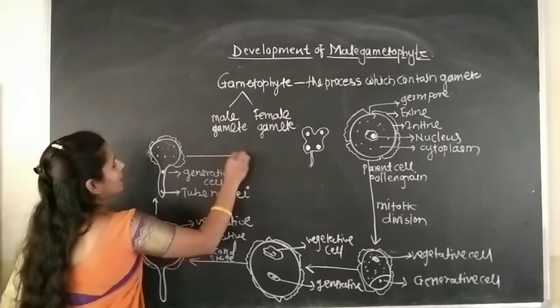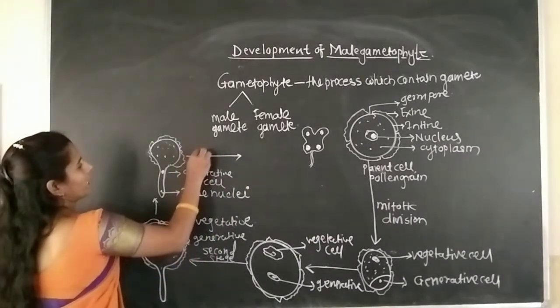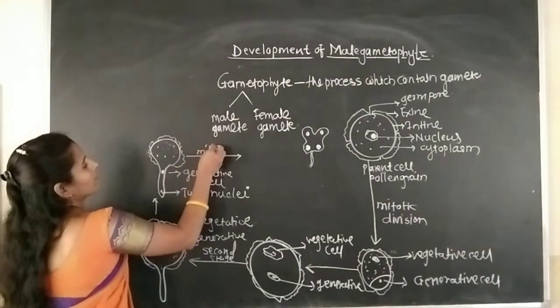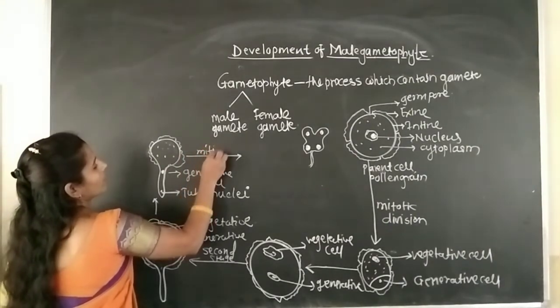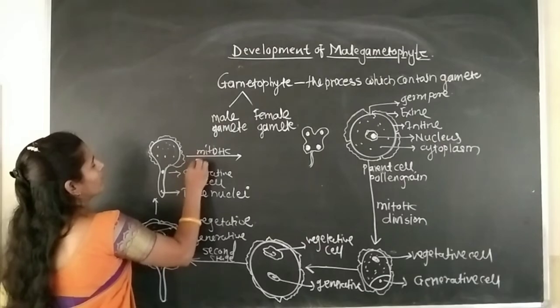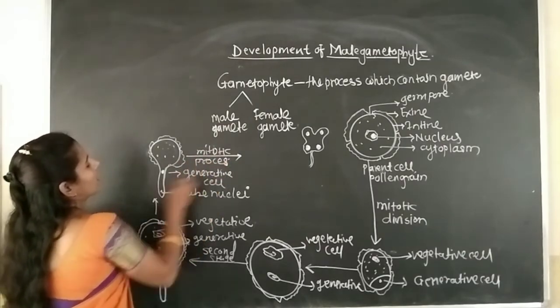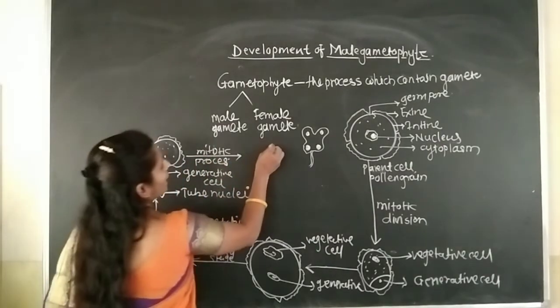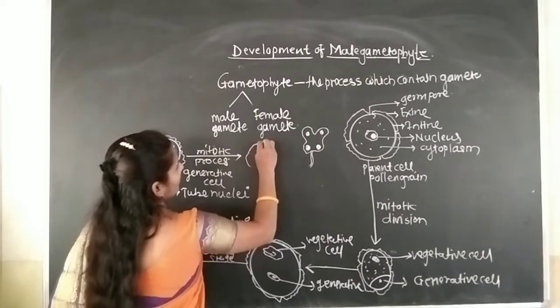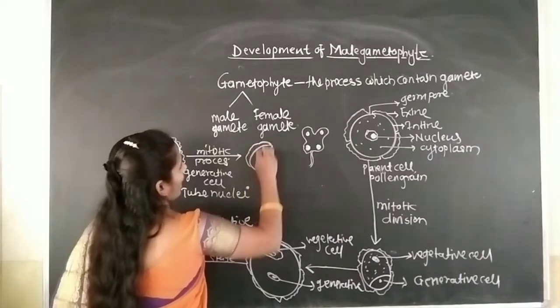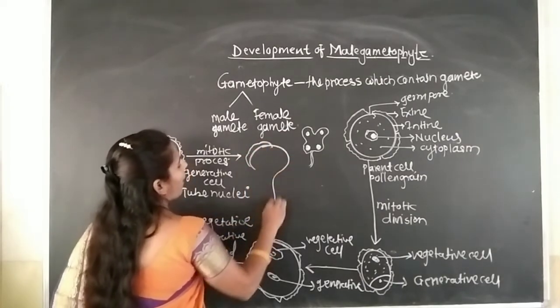Then mitotically, in the second division of the mitotic process, this generative cell is also divided and forms two gametes.